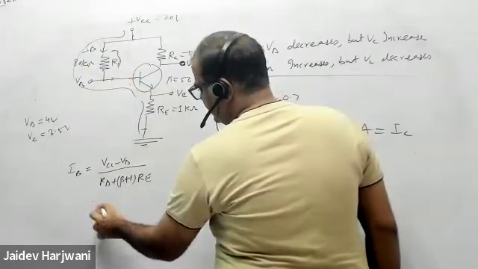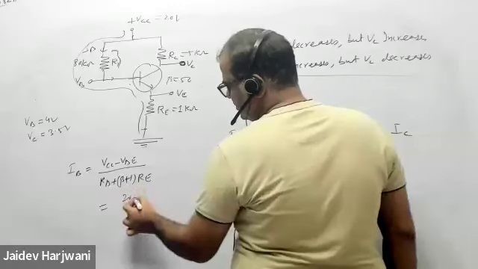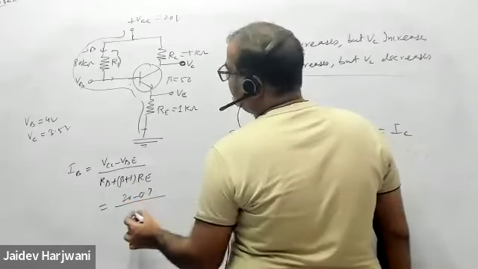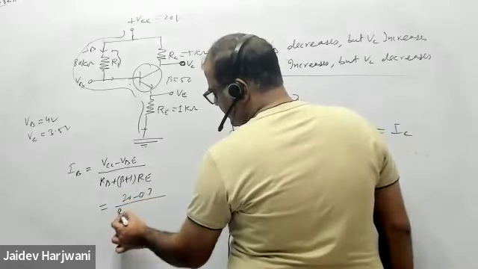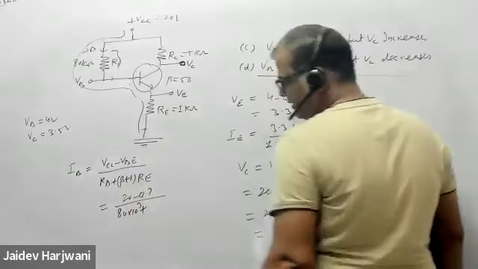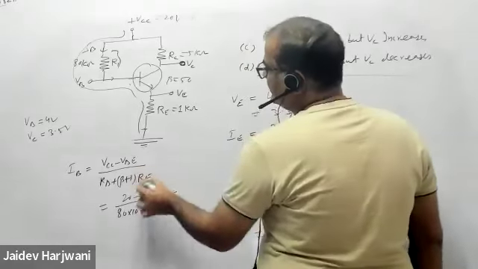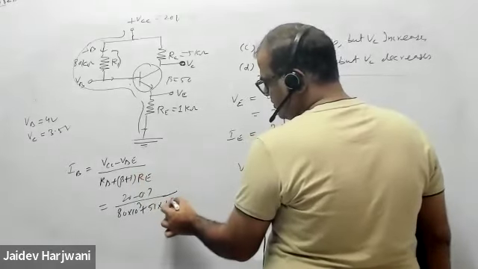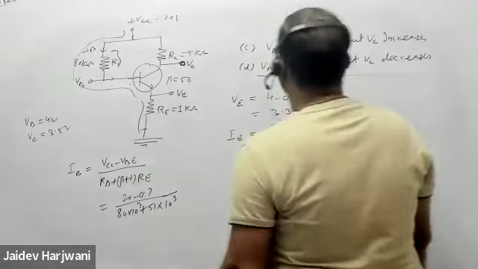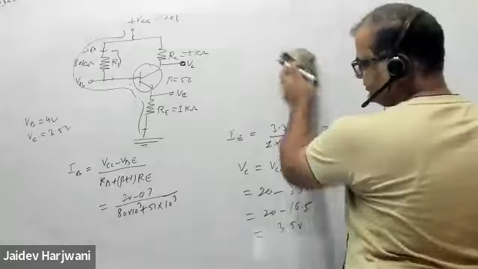So IB will be VCC, which is 20, minus 0.7, over RB, which is 80 kilo ohm, plus beta plus 1, which is 51, into RE. RE is 1 kilo ohm. Check the values. What is coming?